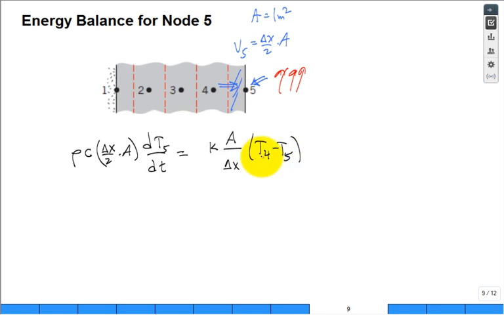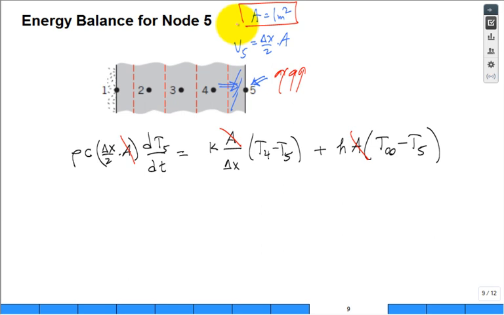That's our conduction from 4 into 5. Then we have an h times the same area times the temperature infinity minus the temperature 5. And that area, that's why I just pick it to be 1 meter squared. It will cancel out of your equations if you write the equations correctly.